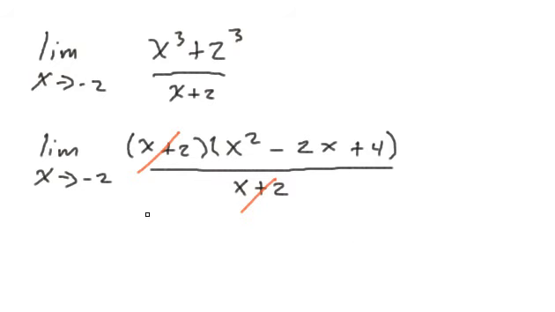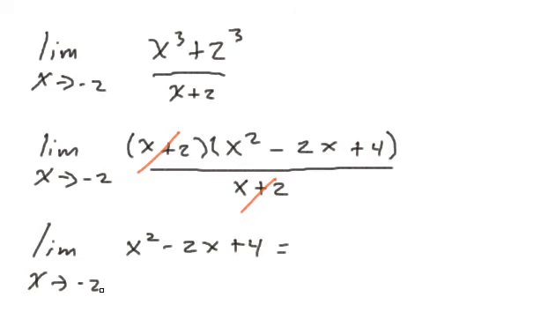Okay. And then I'm going to rewrite the limit as x approaches negative 2 of x squared minus 2x plus 4. And then we do the direct substitution. So we have negative 2 squared minus 2 times the negative 2 and then plus 4.